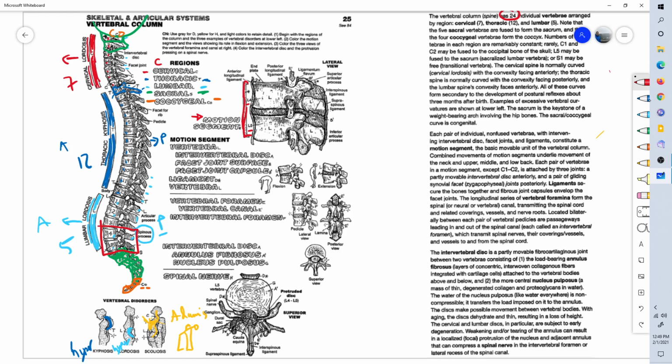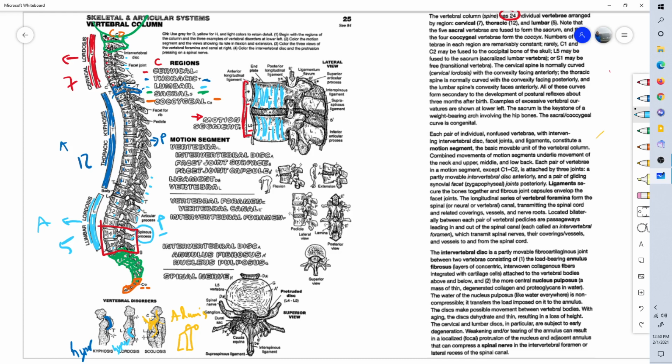And this motion segment has certain characteristics. Number one, the vertebra itself. This is actually the vertebral body you see here, the vertebral body of L5. And of course up here, the body of L4.